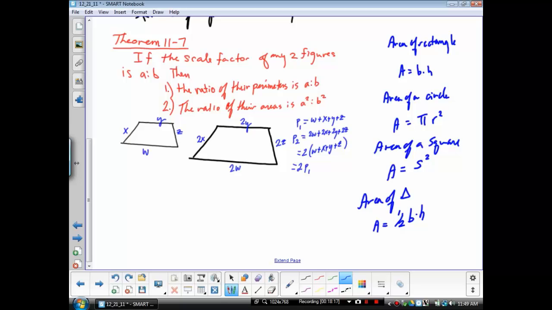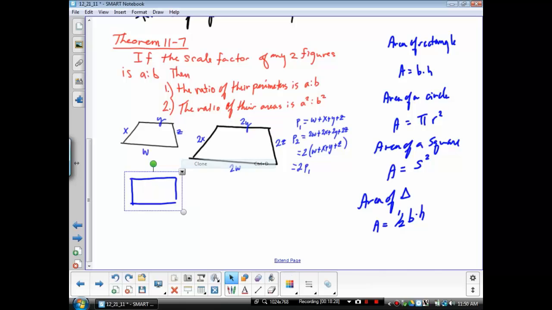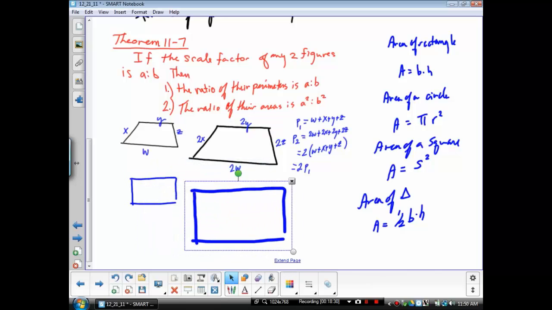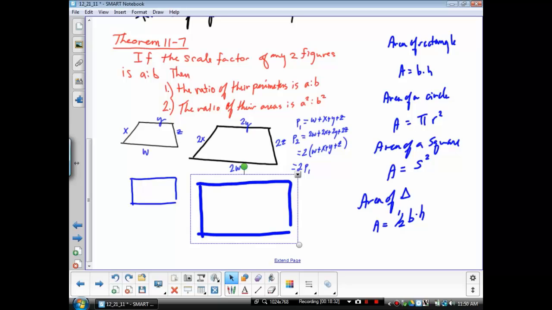Example, area of a rectangle. We have the first rectangle and the second rectangle, which is similar to that rectangle. What we know is if this side is, let me do it this way.